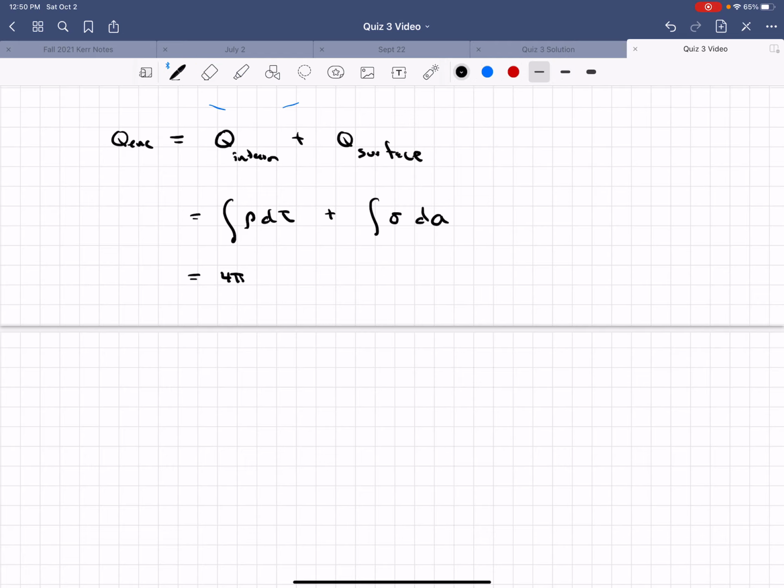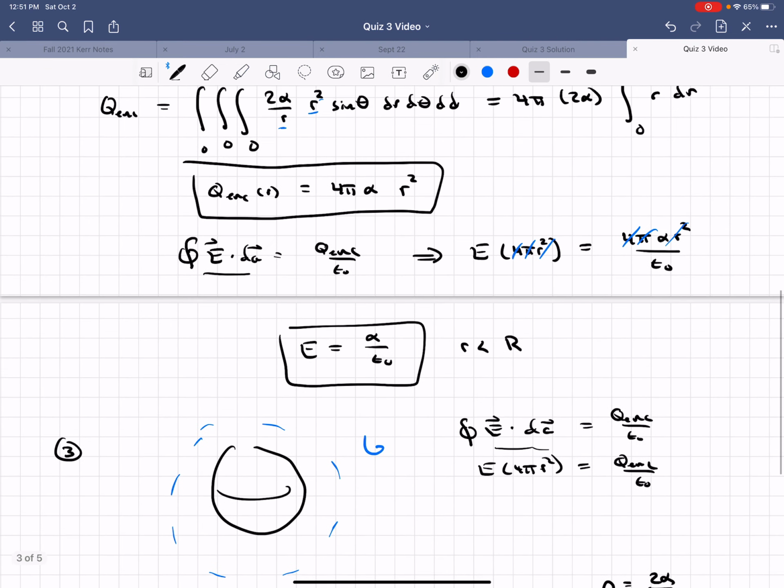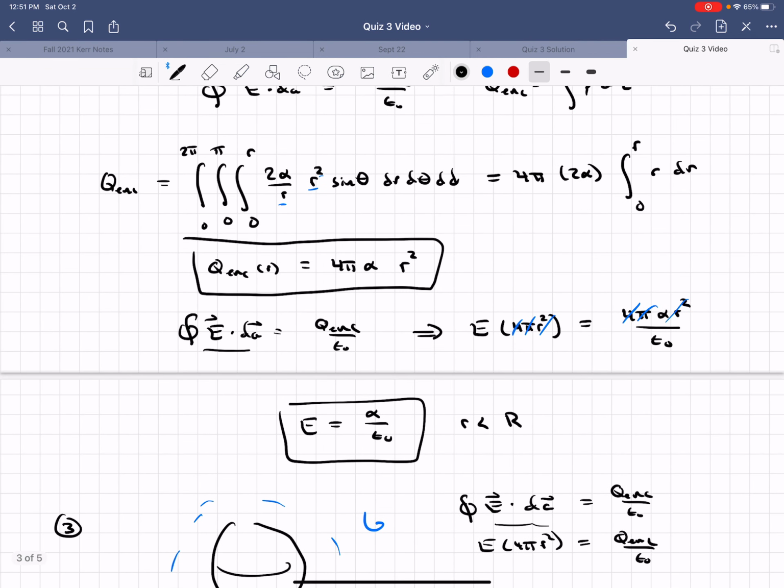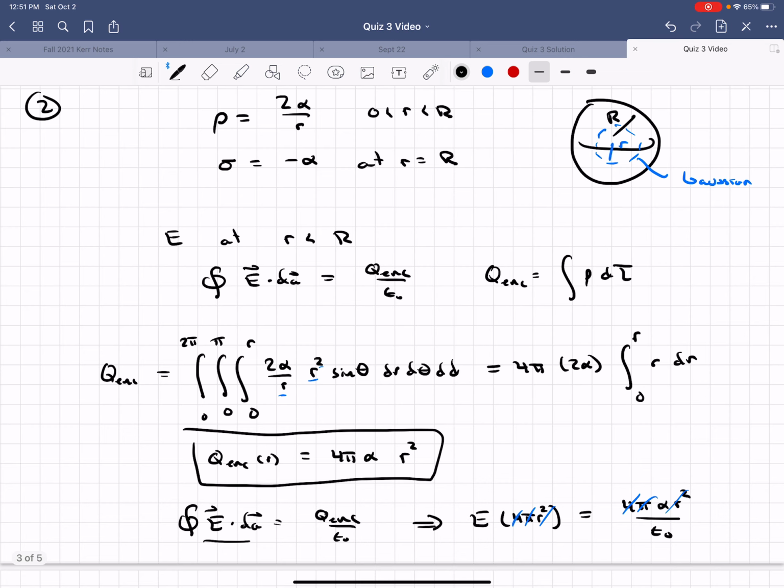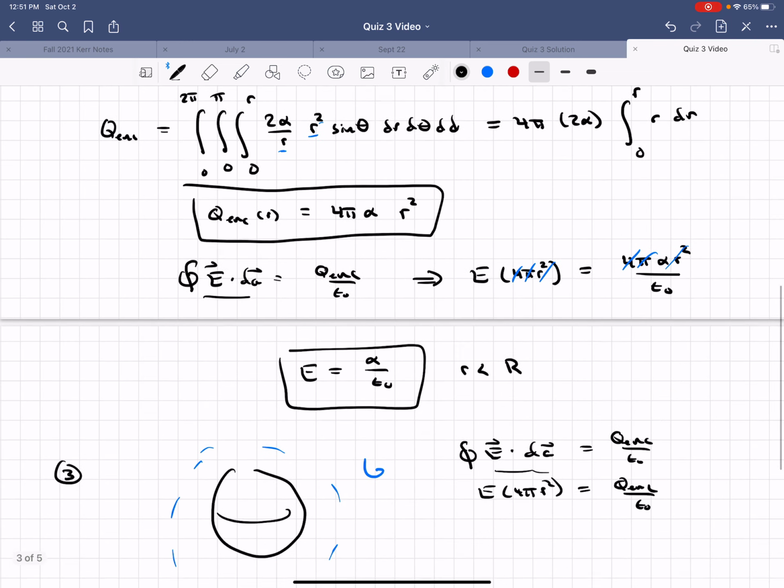The rho was 2 alpha over r. The sigma was just minus alpha. The only difference in the integration of the rho is that up here we had 4 pi times the 2 alpha integral of r dr, but we only ran out to little r, my Gaussian surface inside the sphere.